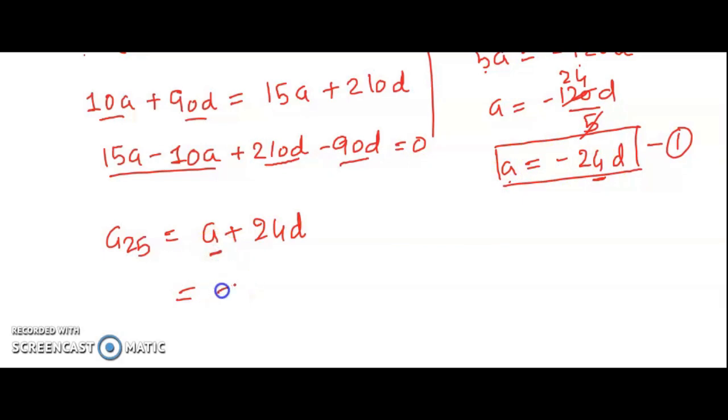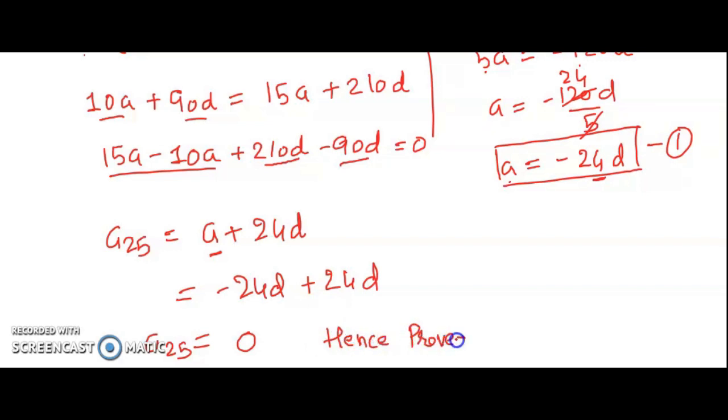So in place of a put minus 24d plus 24d. Here minus 24 plus 24 will cancel out. So the answer is 0. So we get the 25th term of the AP is 0. This is what we needed to prove here. Hence proved.